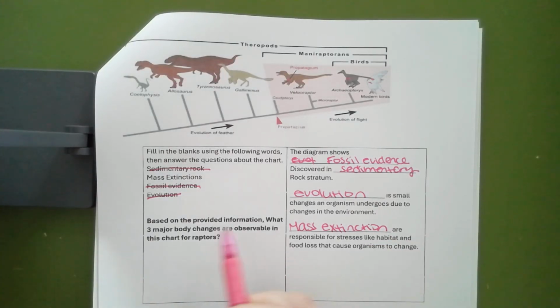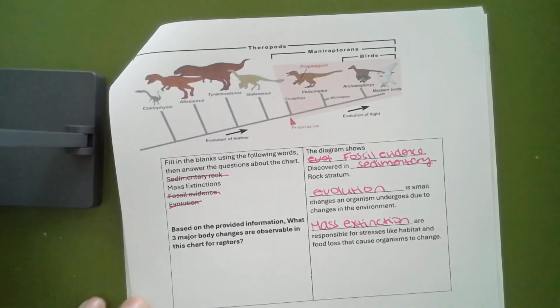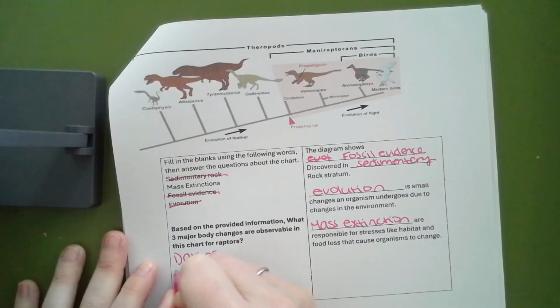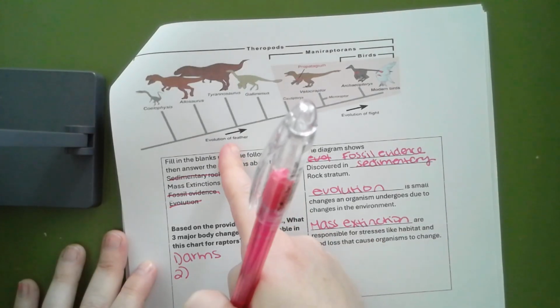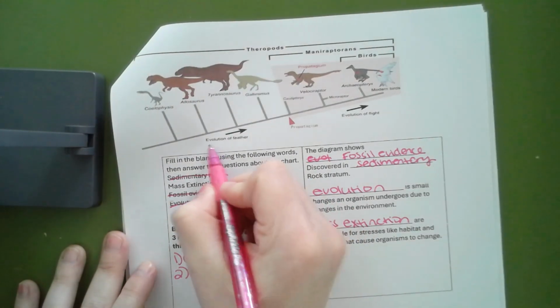Based on the provided information, what three major body changes are observable in the chart for the raptors? The arms, their head, and their tail. Let's get it straight from the chart. Let's not extrapolate here. So we said the evolution of feathers. What else?